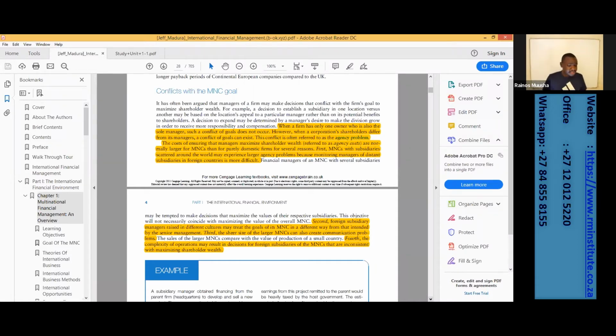So what do we see? If it's a sole proprietorship, it means the owner of the business is the one who's doing everything, right? A typical example of a sole proprietorship, I like going back to the example of the lady selling magwinyas on the street.